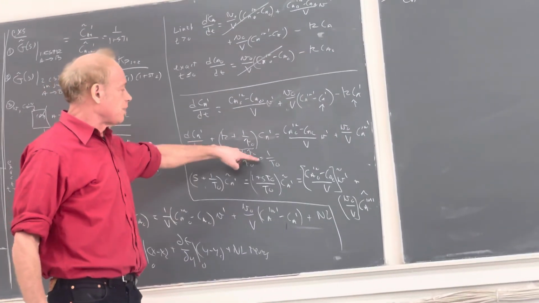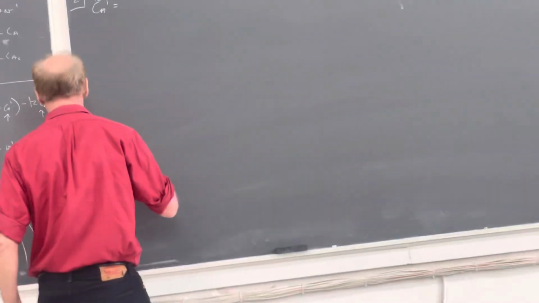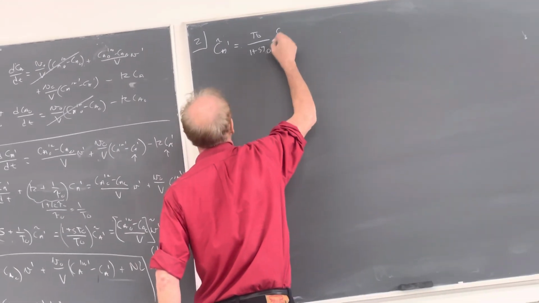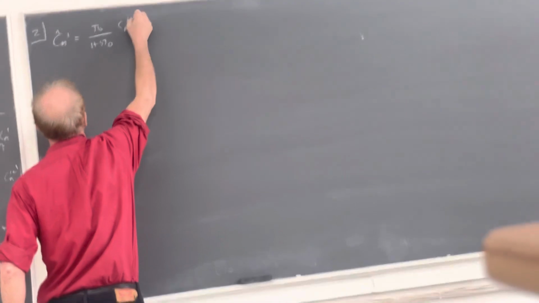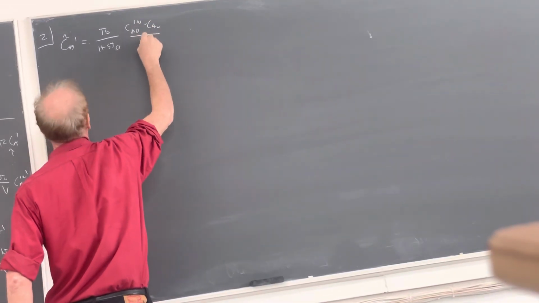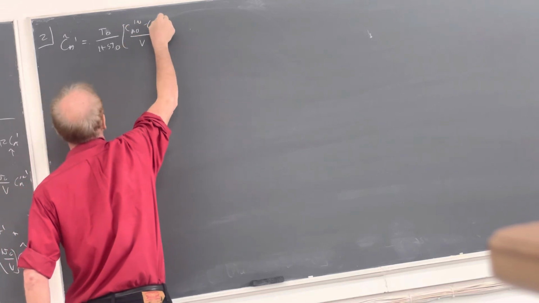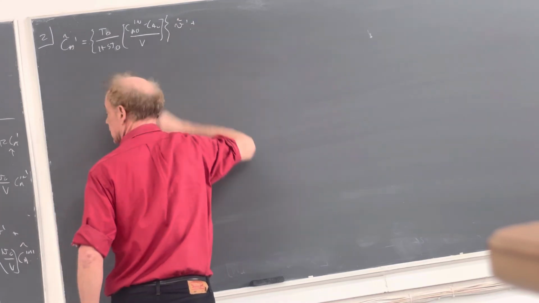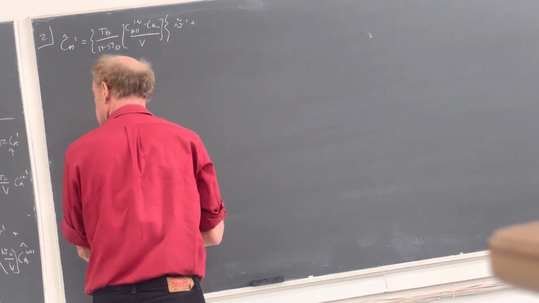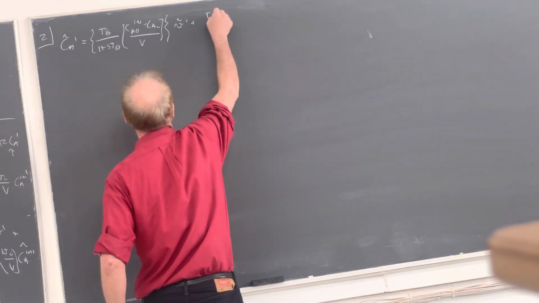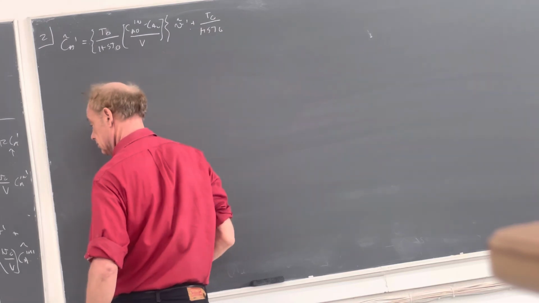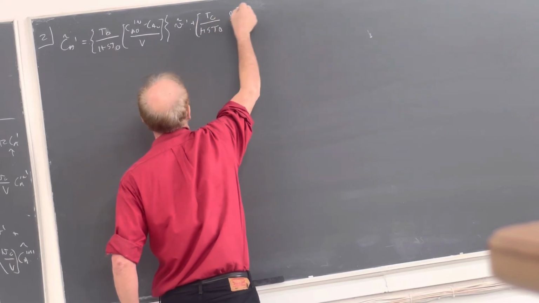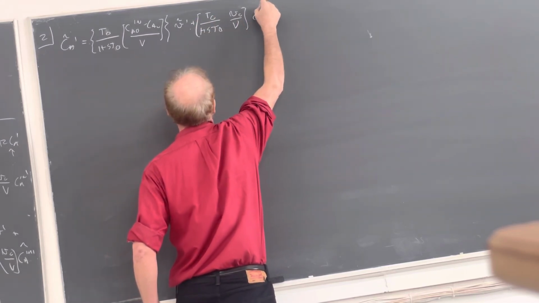That just means I multiply by tau0 over 1 plus s tau0, giving tau0 over 1 plus s tau0 times (CA0 in minus CA0) over V times V prime tilde, plus tau0 over 1 plus s tau0 times v0 over big V times CA in prime tilde.